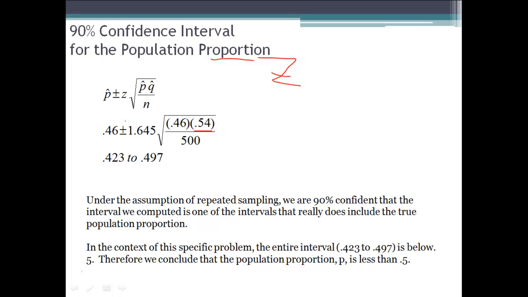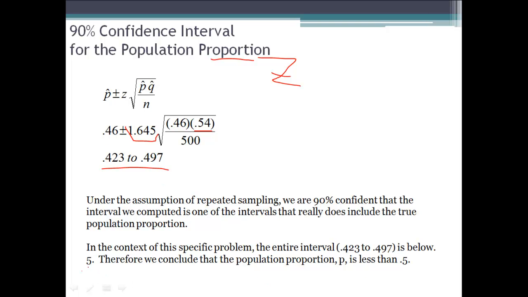The 1.645 is a z value. You can get it from the z table. It's a little bit easier to use the t table I gave you and just go down to the bottom row on the back and read the row that says z. That comes out to be 0.423 to 0.497.